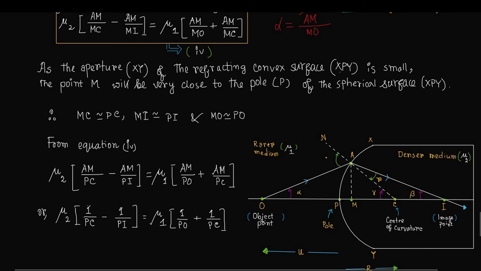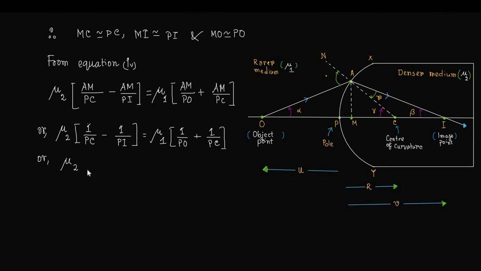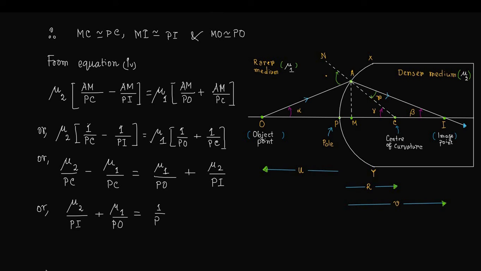In this case, the perpendicular AM will be cancelled out, and we get mu2 by PC minus mu2 by PI is equal to mu1 by PO plus mu1 by PC, or mu2 by PI plus mu1 by PO is equal to, taking PC common, mu2 minus mu1 divided by PC.